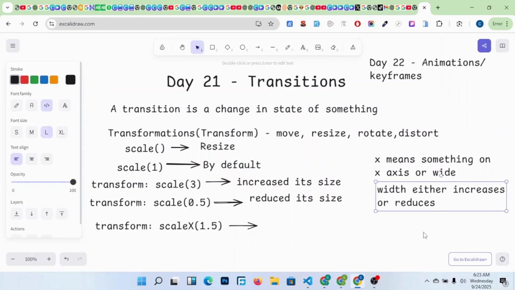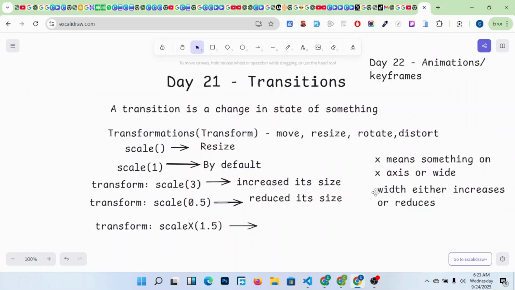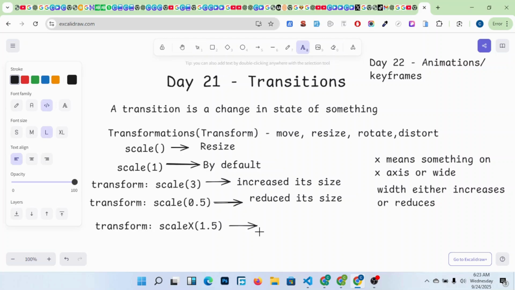If I just tap on the x-axis, either its width increases or reduces. This means that I have increased its width.